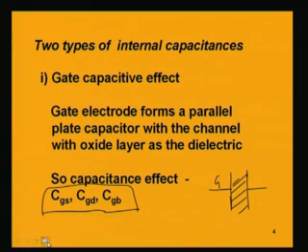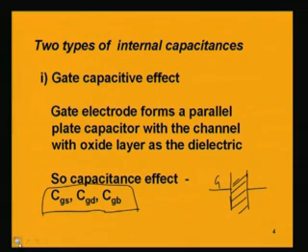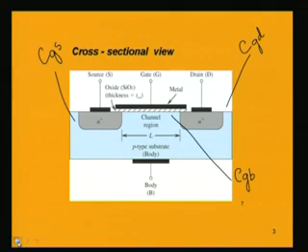Apart from these three capacitances, we have another type of capacitance, which is there between the source and the body and the drain and the body because of the depletion layer. If we look into the structure of this MOSFET device, there is a p-n junction between the source and the body.